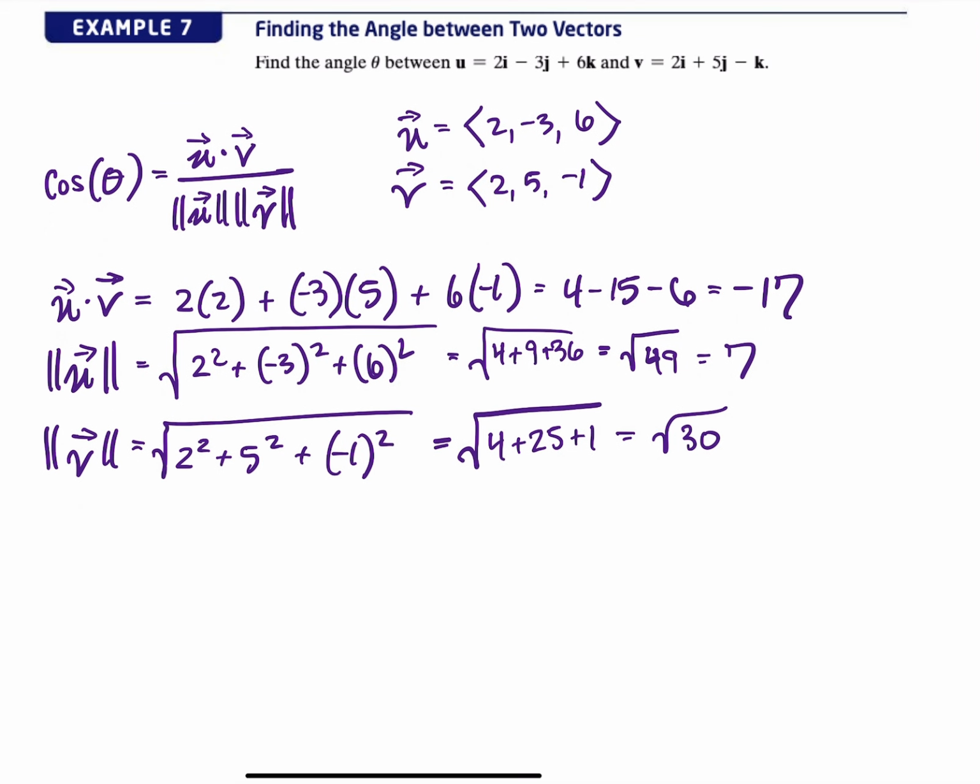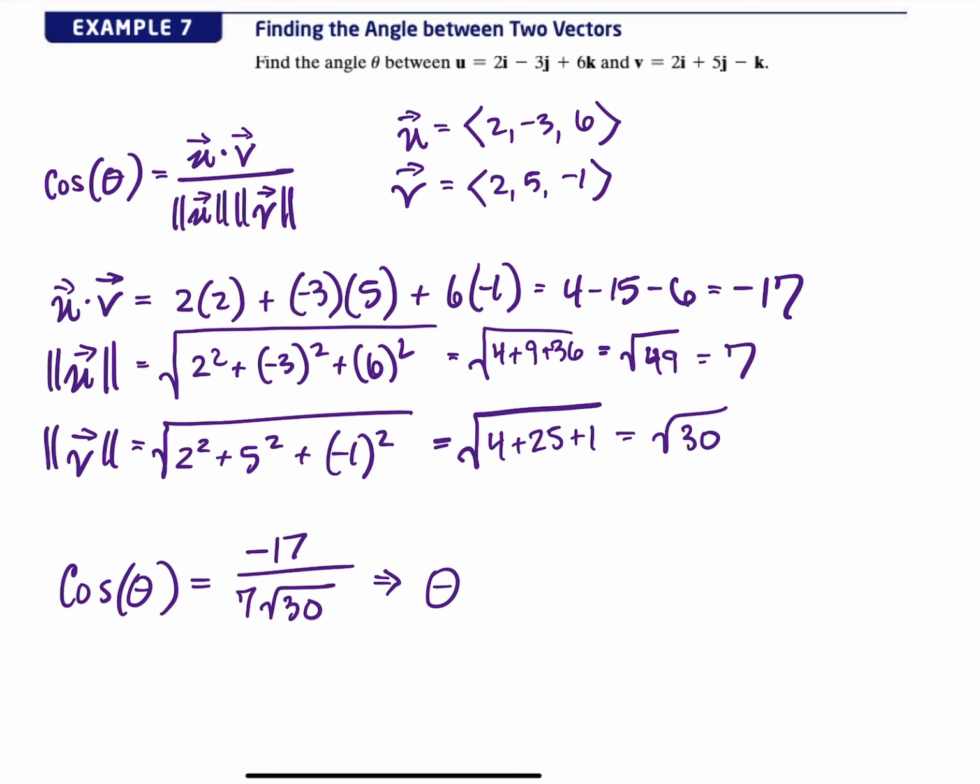So let's plug everything in. That means the cosine of theta should be equal to the dot product, which we said was negative 17, divided by the magnitude of u, which is 7, times the magnitude of v, which is the square root of 30.